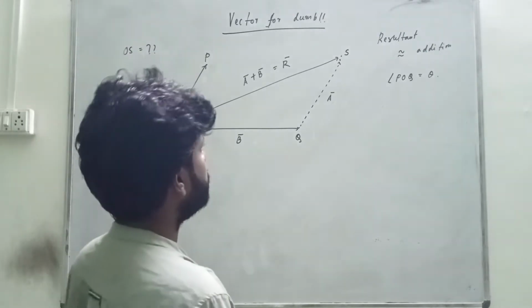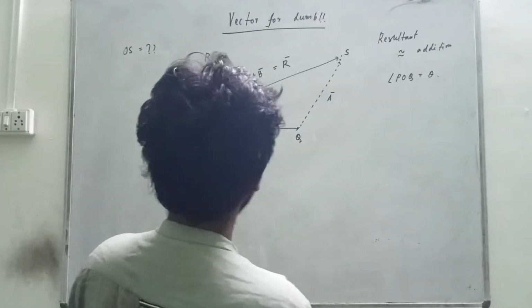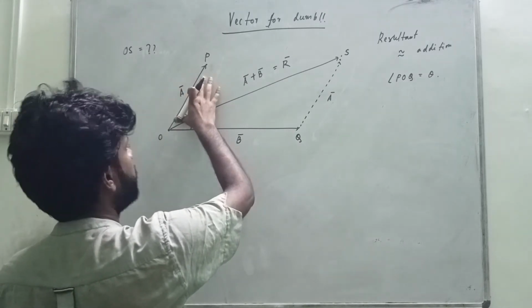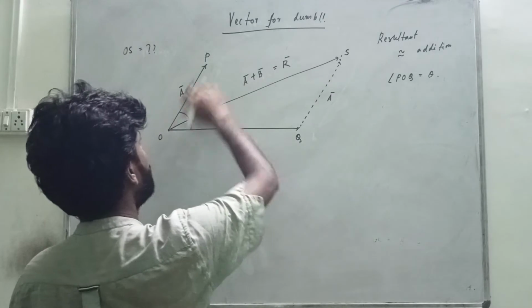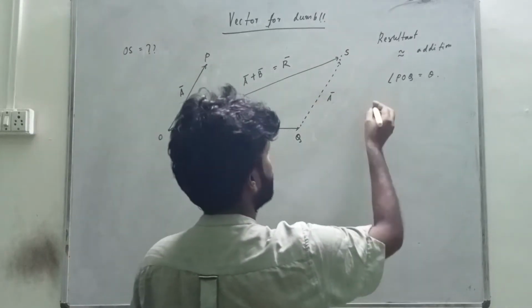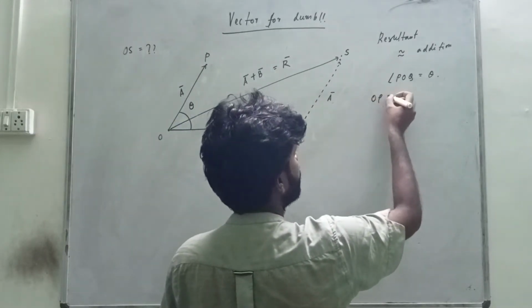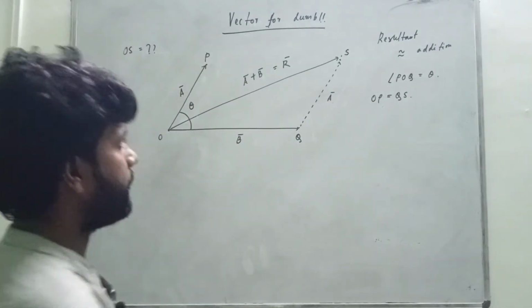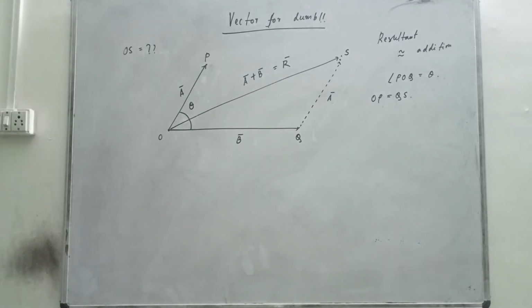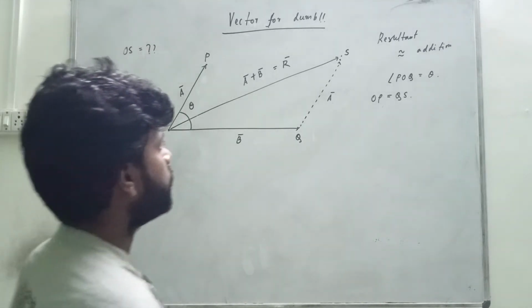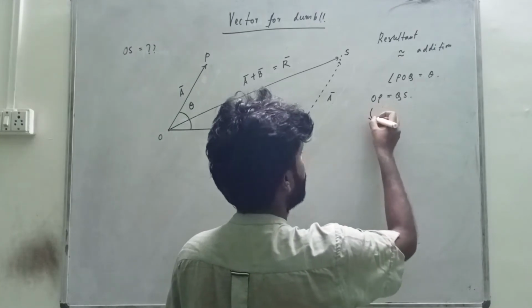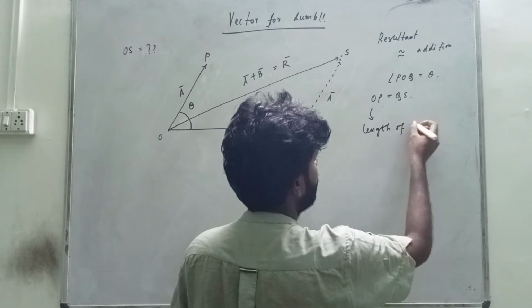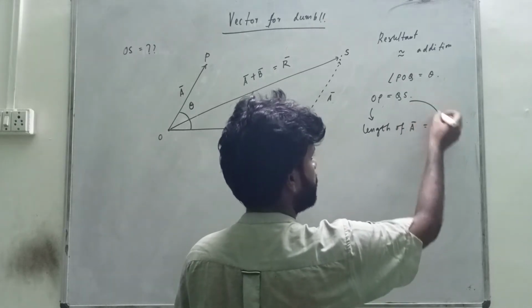Obviously, I just parallel transformed from here to there, so OP equals QS, the same thing. So the length of OP, the length of a, equals QS, the same.